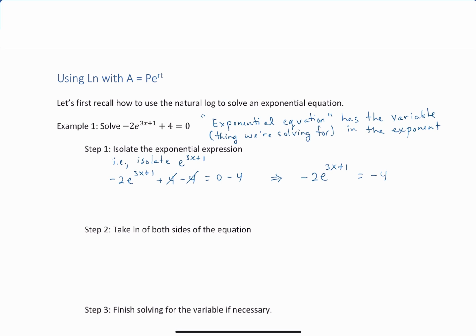And the last thing we need to do to get that e to the 3x plus 1 isolated is to divide both sides by negative 2 to get rid of the negative 2 on the left. And at that point we have e to the 3x plus 1 equals, let's see, negative 4 divided by negative 2 is positive 2.